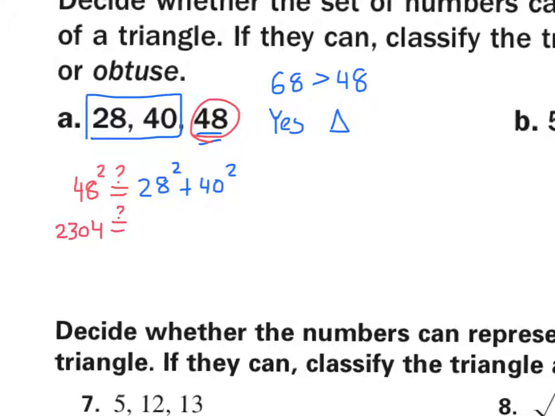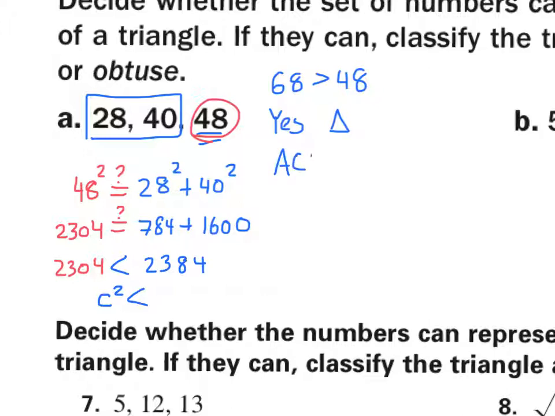I don't know if they're equal. 784 plus 1600. Bring down the 2304. I'm going to leave the equal blank right now. And this equals 2384. So it's actually not equal. Clearly we see that the blue side is greater. So because my C squared is less, my answer is yes, it's a triangle, and it's an acute triangle.